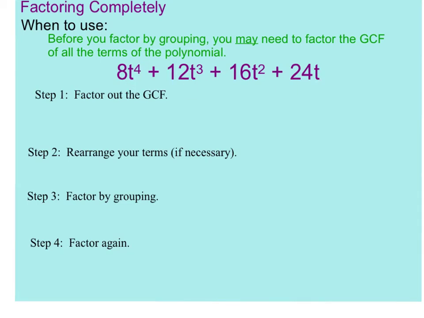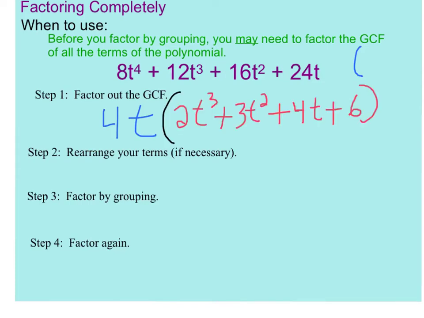So I could take a t out, and they all can be divided by 4. So I'm going to do that and rewrite this. I'm going to divide each one by 4t. Okay, double check. I divide that by 4 and t, and this divided by 4 is 6, and divided by t it disappears. Perfect.